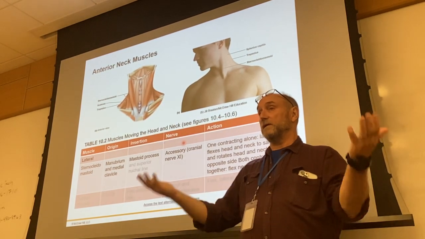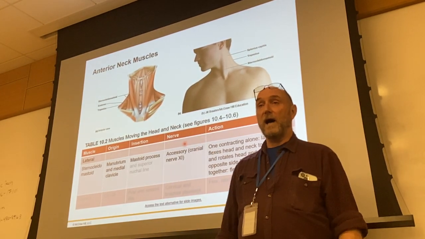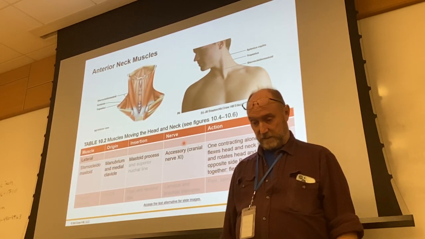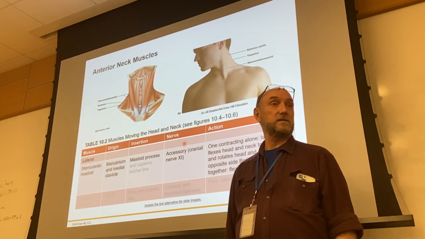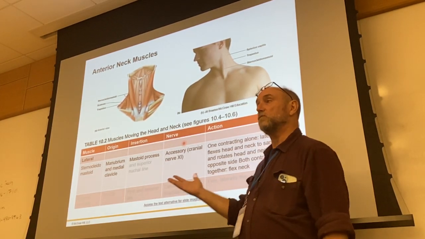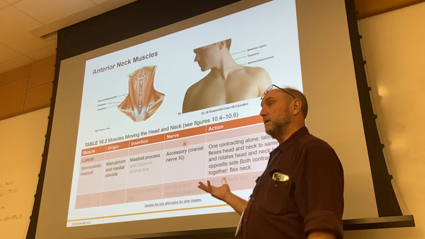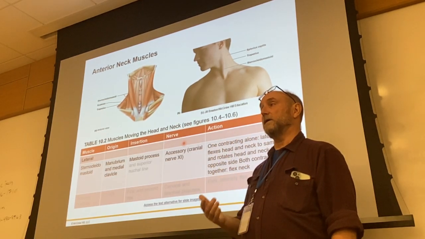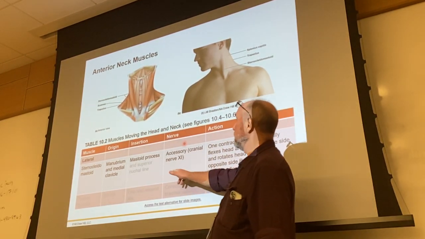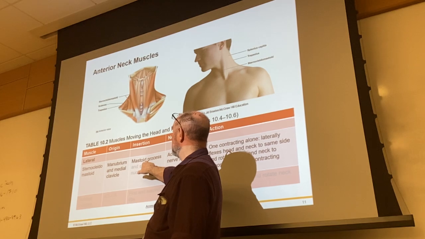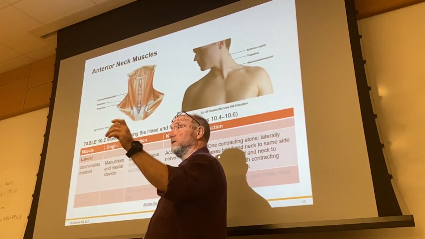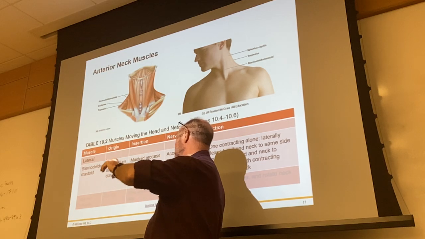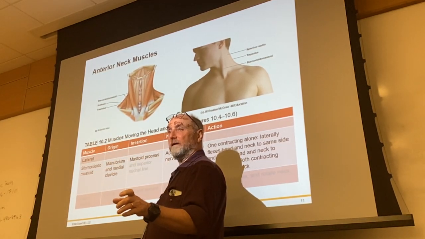I can do one thing by doing this, and then doing this, all with essentially this one muscle, one on the left side, one on the right side. So the insertion for the sternocleidomastoid is the mastoid process here. The origin includes the sternum or the manubrium and the clavicle.